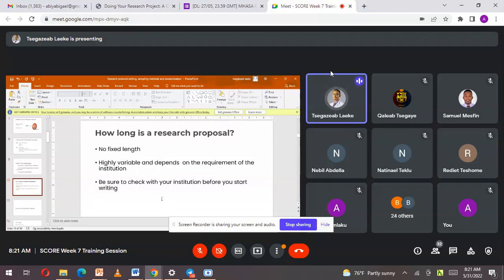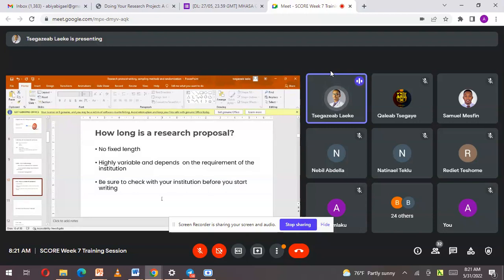Let's say that you are doing this study in our College of Health Sciences. If you are intending to submit your research proposal to the Department of Surgery, it has its own format. And then the Department of Internal Medicine might also have its own format at the department level.